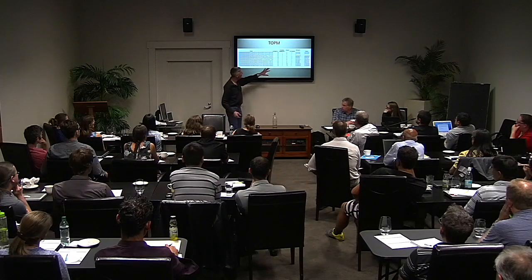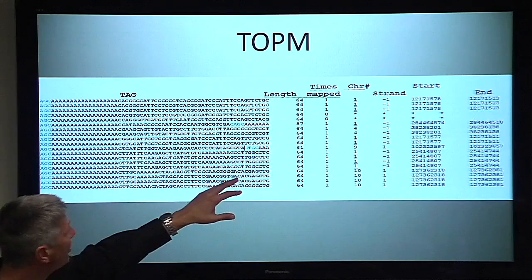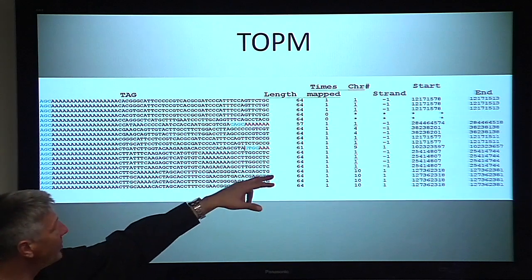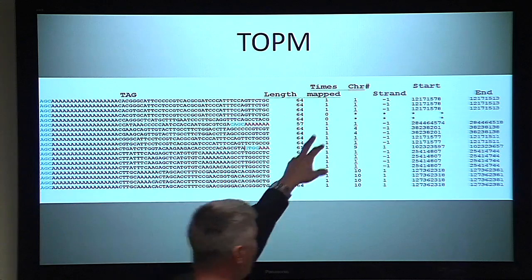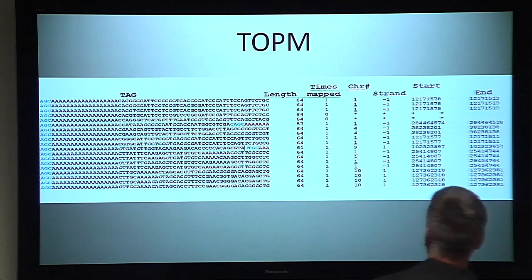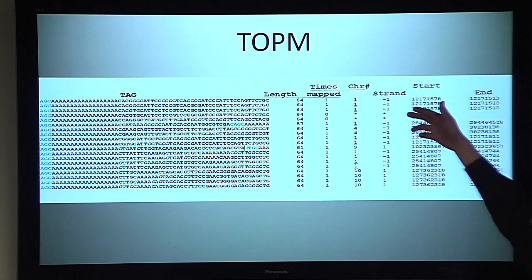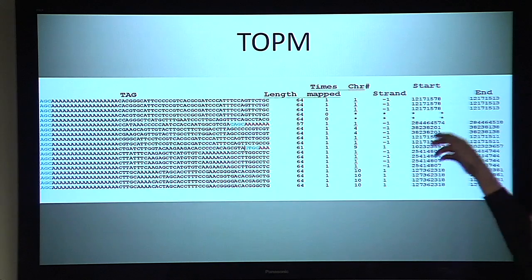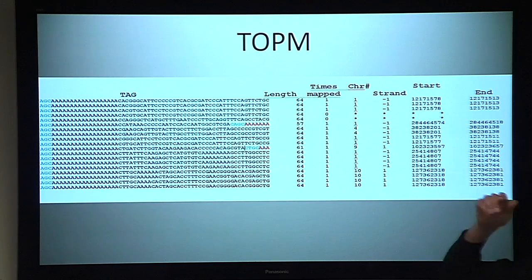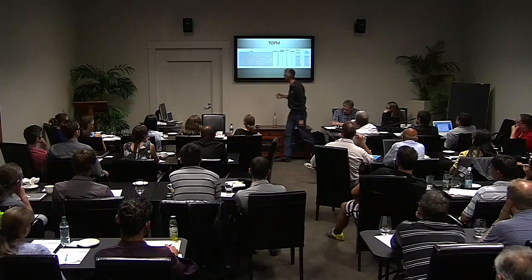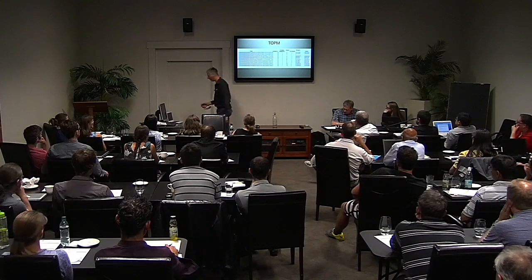That's how it's done. Okay, and then it also tells you how many times it mapped, which is 0 or 1, which chromosome number it mapped to, which strand, the plus or the minus strand, and the start and end position. So that information is all captured in the tags on physical map file.